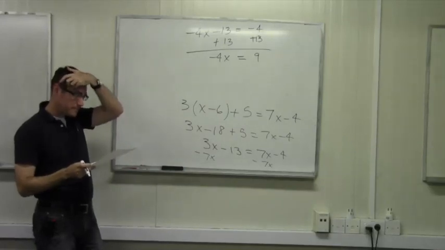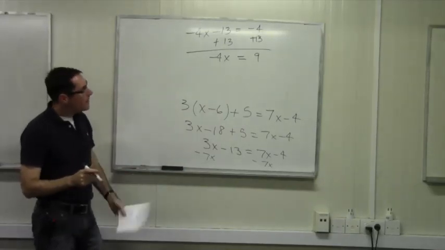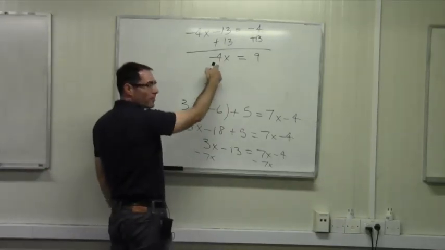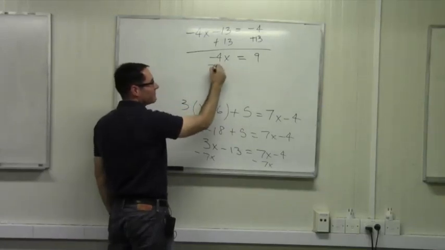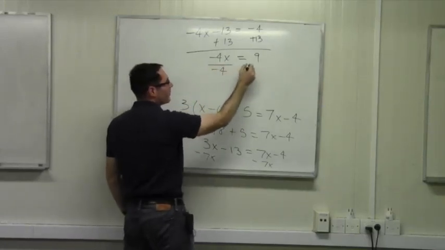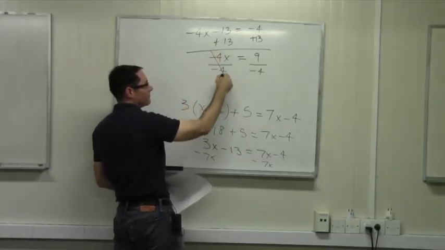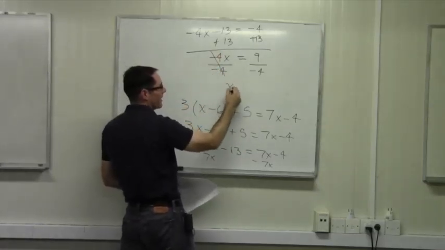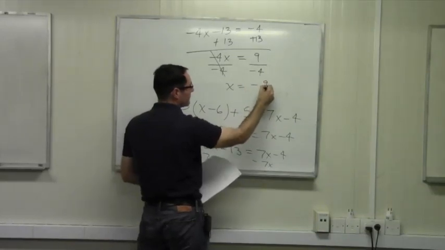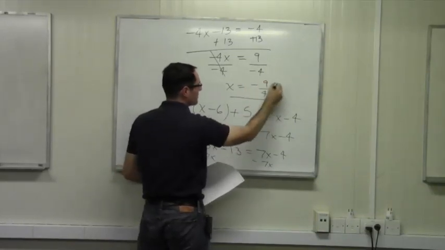Okay? And now I need to get the x by itself. So I'm going to divide both sides by negative 4. And the negative 4's cancel out. I'm going to be left with x equals negative 9/4.